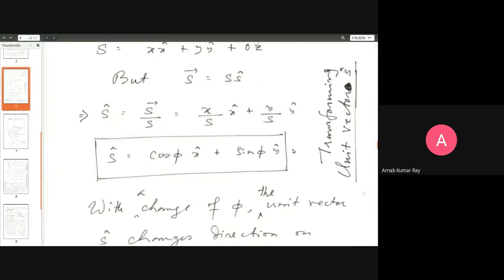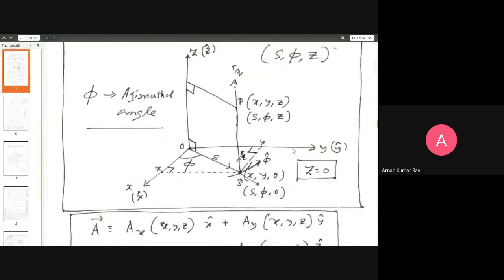Next, remember, what is the sequencing of coordinates? Be very clear on that particular point. In the Cartesian coordinate system, the sequencing of coordinates is x, y, z. In the cylindrical system, the sequencing of coordinates is s, phi, z. So the first step is along the x cap direction, the second step is along the y cap direction, and the third step is along the z cap direction.